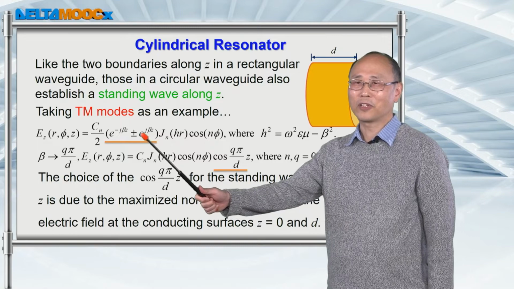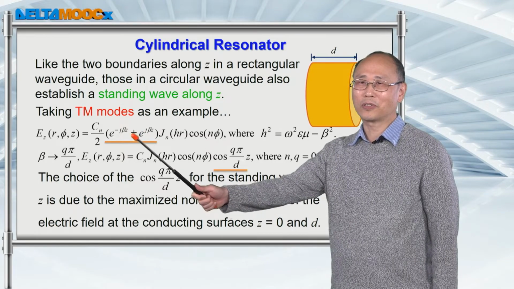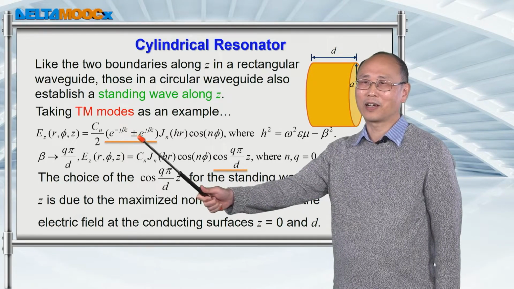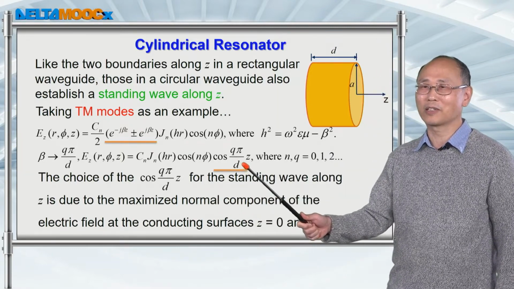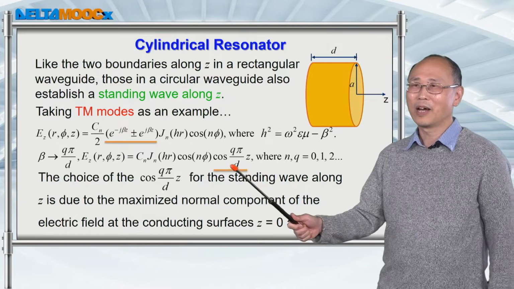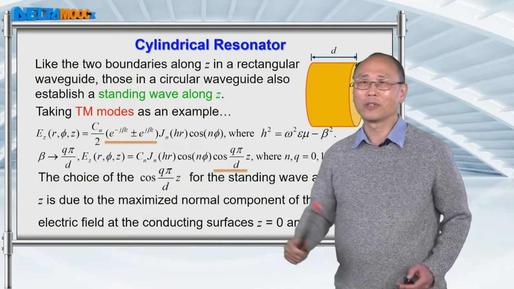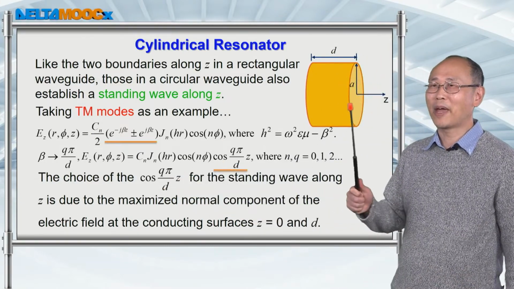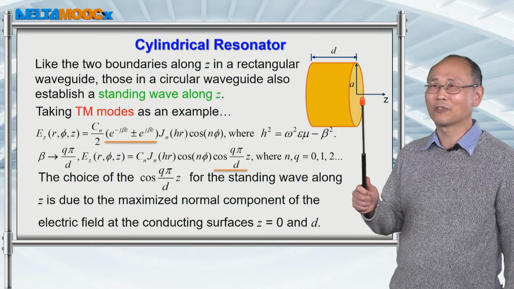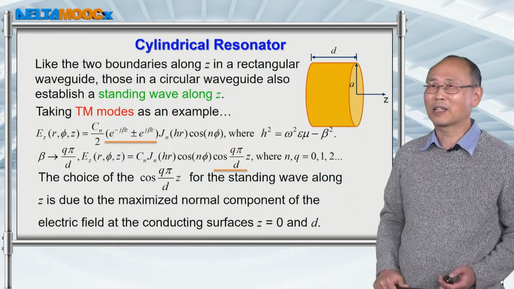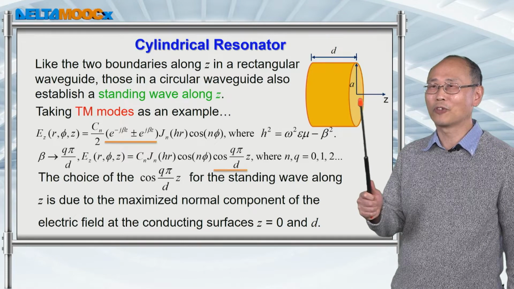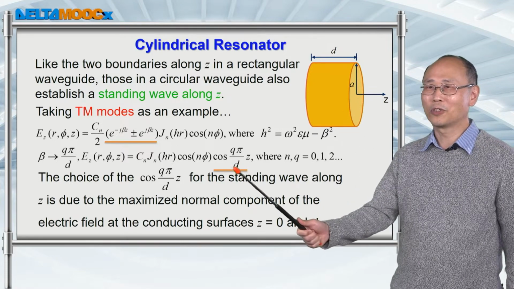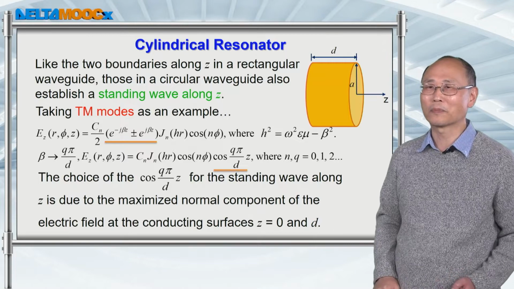And for this solution, we choose this sign to be plus, so that we get the cosine solution around the z direction. That is because the z component of the electric field is perpendicular to this z surface. So you will be expecting maximum electric field, the normal component of the electric field, on the surface. Therefore, you choose this cosine solution.